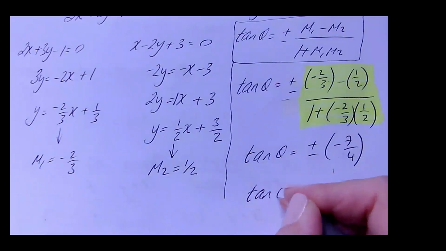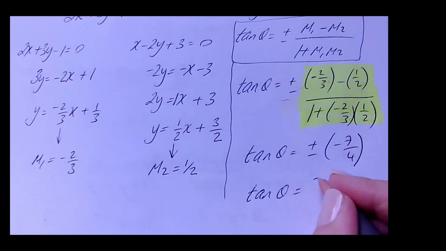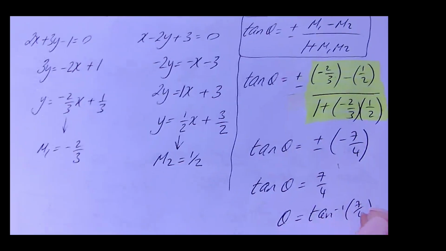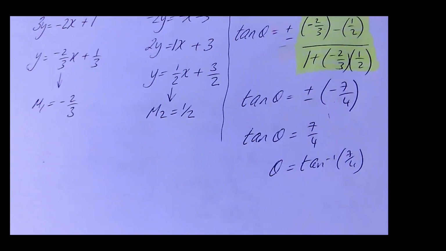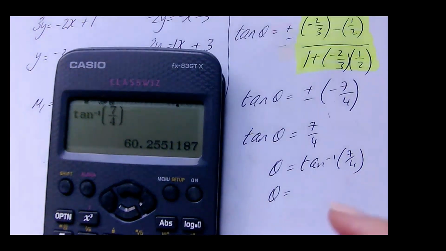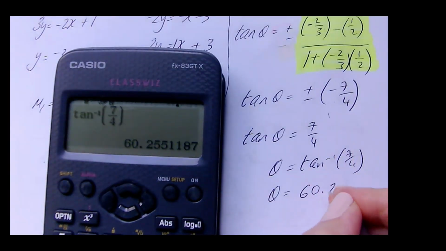So again, we will take the positive value, which is 7/4, and then we will do tan inverse to get my angle. And it's working out to be 60.255. I'm going to round that to 2 decimal places, given that it didn't specify in the question.